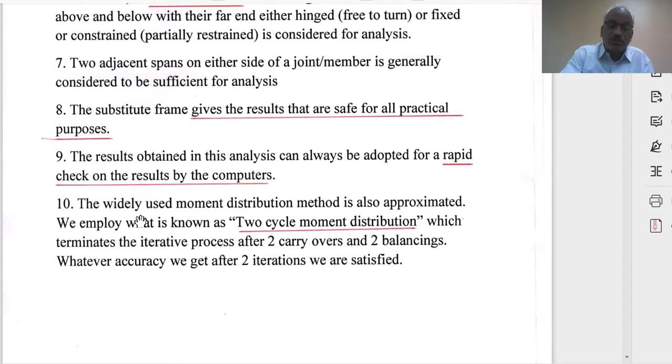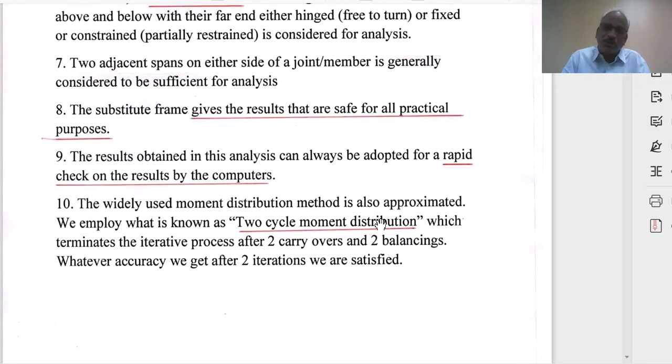So the widely used moment distribution method is also approximated, because for the analysis we can use the slope deflection method, the moment distribution method, the column analogy method, or Kani's method also. But here we are going to mostly use the moment distribution method.